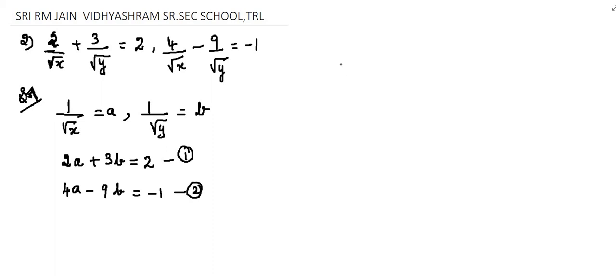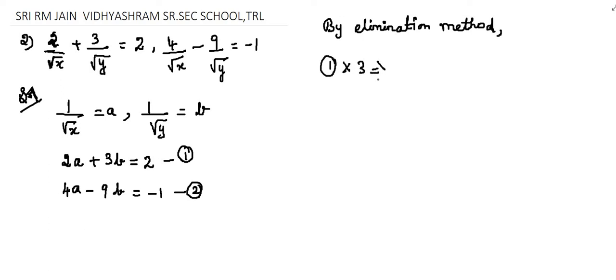I am going to use the elimination method to remove the variable b. First equation I am going to multiply by 3 to remove the variable b.